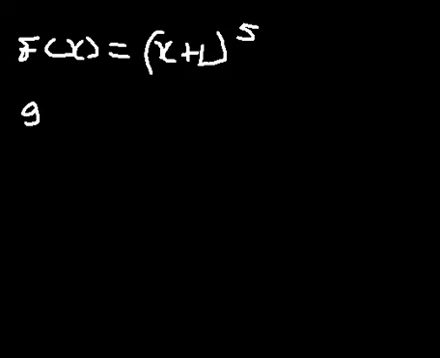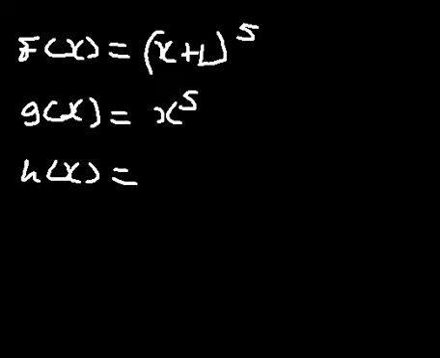And now we have g of x given as x to the power 5, and we have h of x given as x plus 1. So now we verify if this is true.